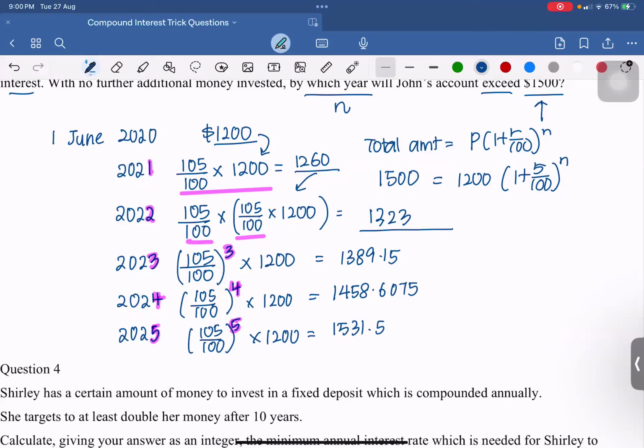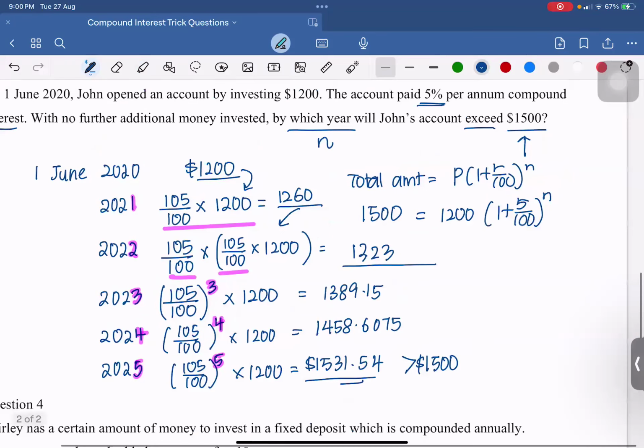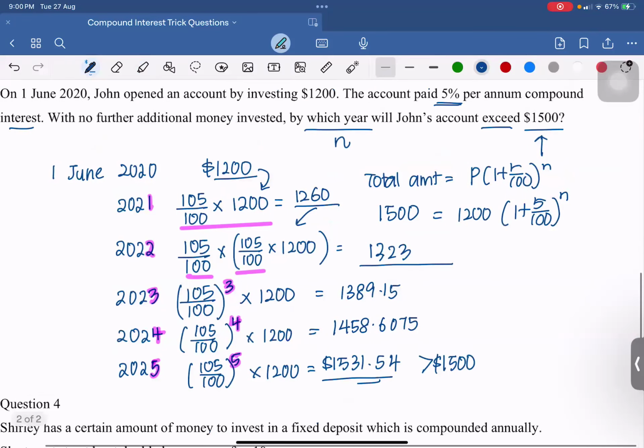I'm going to round it off to the nearest dollar. So this already exceeded $1,500. Then they ask you by which year? Which is this year? The year will be by 2025. Year 2025. Have you gotten the concept?